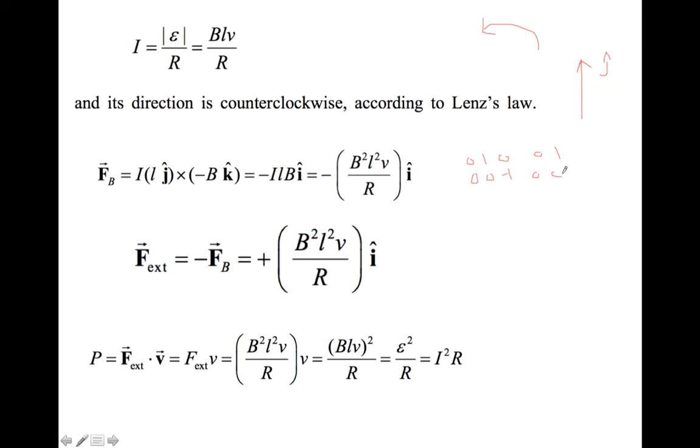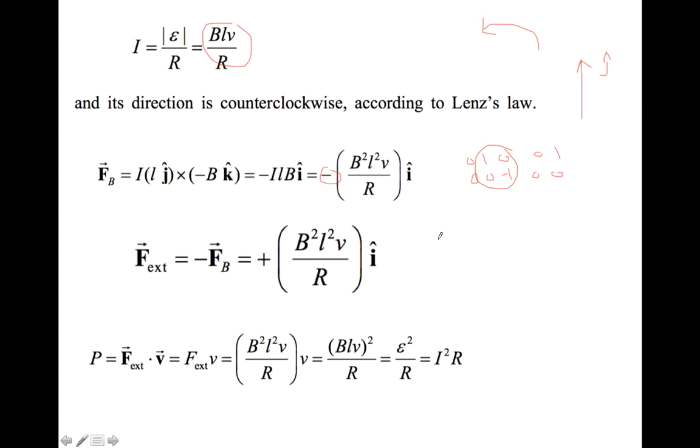The only component that survives is the I hat, so I have negative I hat, which gives ILB. Remember what I is: if I substitute for I, I get B squared L squared V divided by R. That's what the magnetic force is.